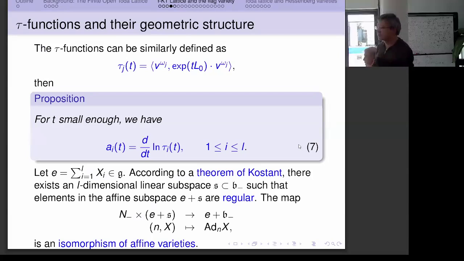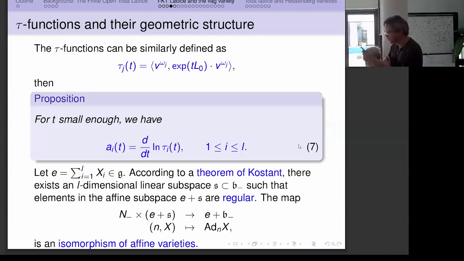I can always use a lower unipotent matrix to conjugate it to some normal form. Okay. So there's a sublinear space of dimension L in B minus, such that for any element like E plus B minus, I can conjugate it to this normal form.